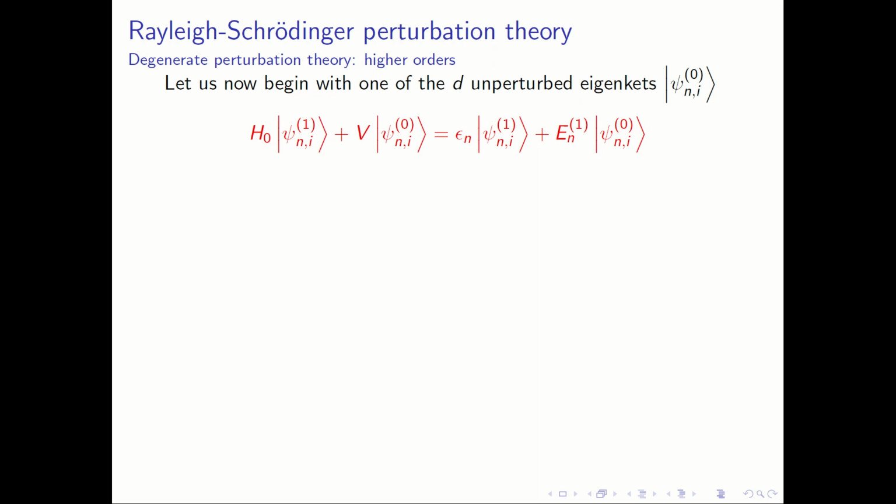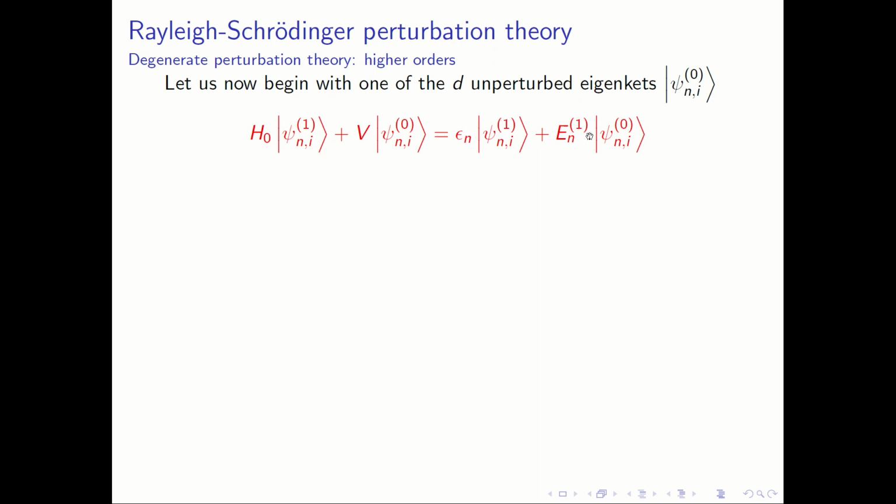So this really is applicable to any one of them, but just to make sure that we are really looking at the ith unperturbed or zeroth order eigenket, I'm putting an i in each of these terms, which of course this is the psi n0 i, the one which we are talking about. Psi n1 i is the first order correction to the ith unperturbed eigenket in this base. Remember here i just runs over all the d that we have found out.